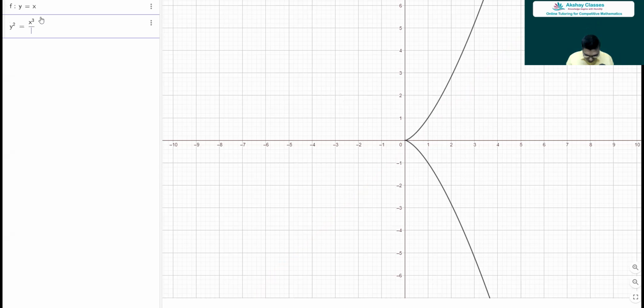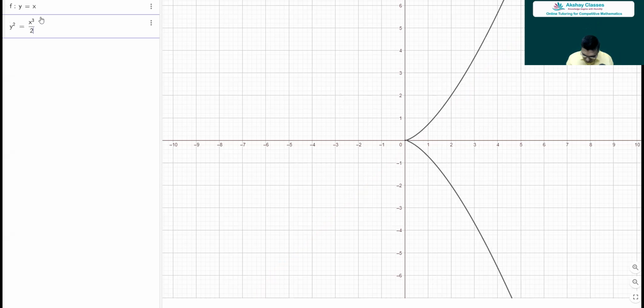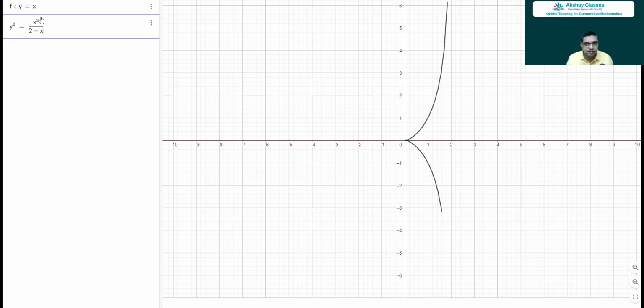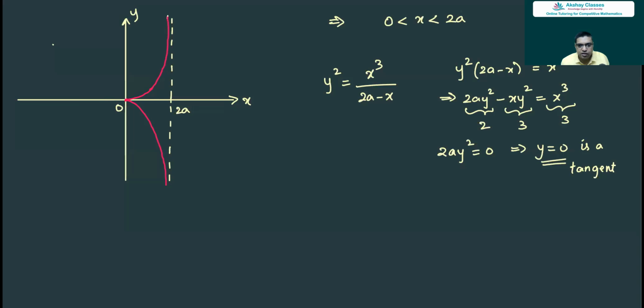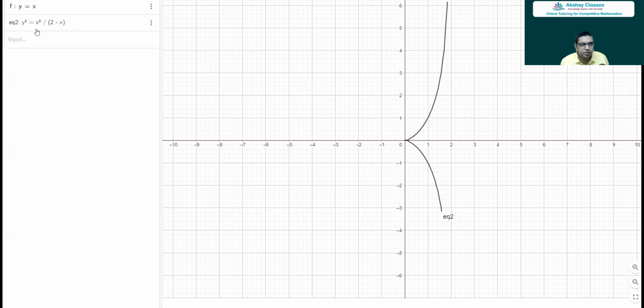I will take a as 1, so 2 minus x. Just a second. Why did it abruptly end? I'll do 4 minus x, let us say.